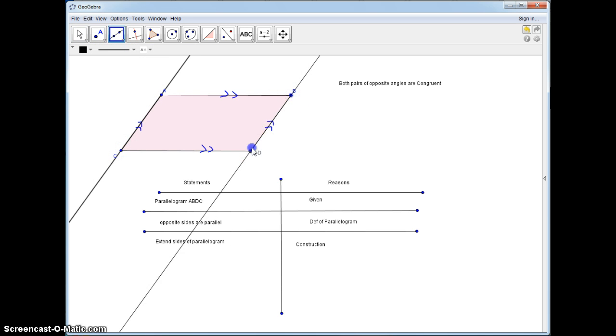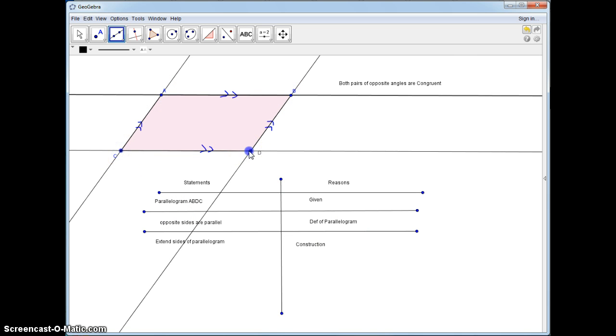Of course it's going to look a little bit messy with this proof below, but that's okay. So what we are going to be doing is proving these opposite angles are congruent. Let's mark these angles by number. We're going to be proving that angle 1 is congruent to angle 2, and angle 3 is congruent to angle 4. So that's what we need to prove.